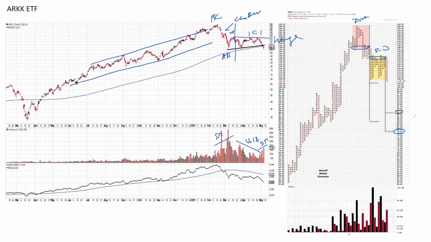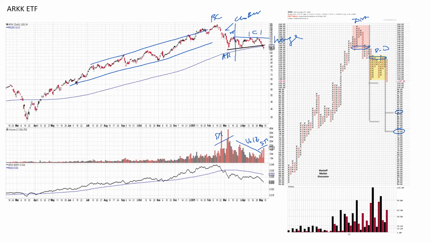Now, that doesn't mean that that ARK fund and the stocks within it can't rally from here, but there's an interesting problem. And the problem that we have right now is that this is a very large fund. It was as big as $52 billion, I think as recently as February.